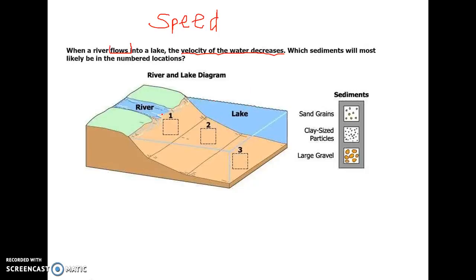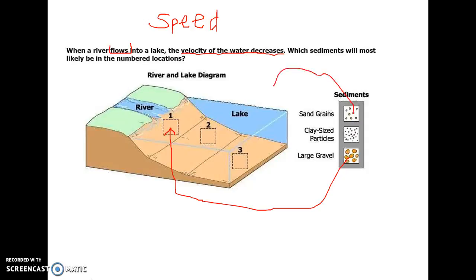the larger sediments are going to drop out first because they're heavier. So this large gravel right here will go in number 1. Now let's say I can't remember whether sand or clay is bigger. I can look at this handy picture and see that these pieces of sand are bigger than these pieces of clay.